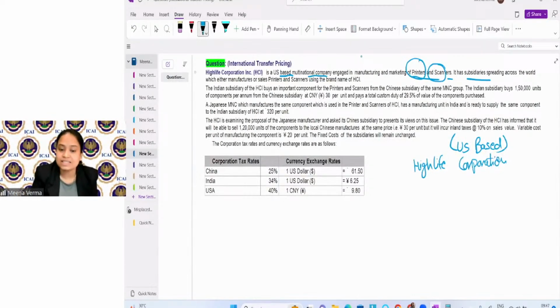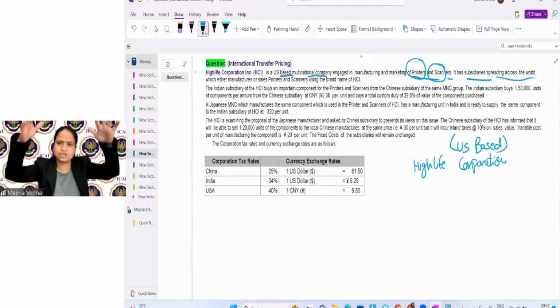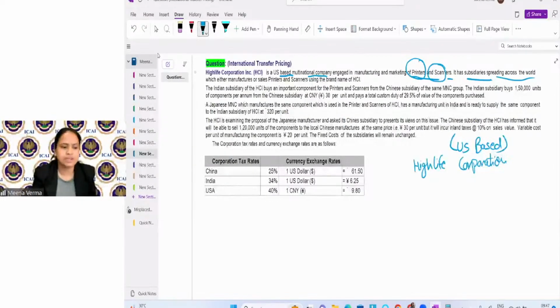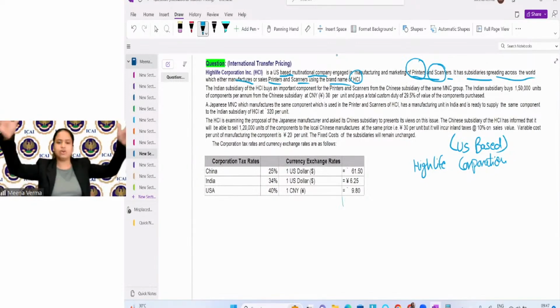It has subsidiaries spreading across the world. The company has subsidiaries all across the world, which either manufacture or sell the printers and scanners using the brand name of HCI. They are using the brand name High Life Corporation Incorporation, HCI, and they have subsidiaries all across the world.